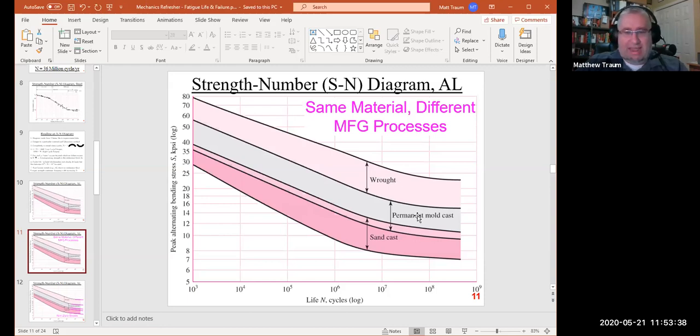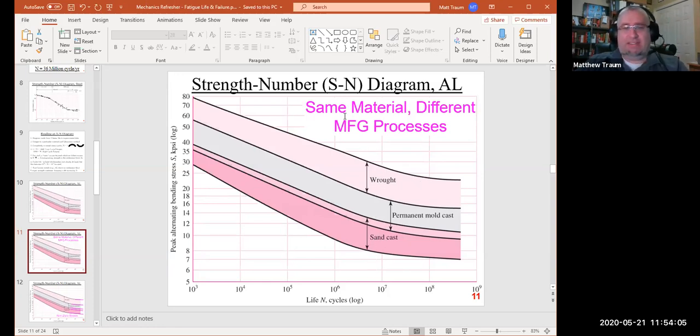Permanent mold cast, the die casting process, occurs under pressure. You stick the aluminum into the mold and you pressurize it, and so when it comes out, it's quite a bit stronger over time than a material that's sand cast, where there's no pressure at all. You're just relying on gravity to hold the liquid aluminum in your sand and wait for it to solidify. So anyway, it's pretty cool that this lines up.